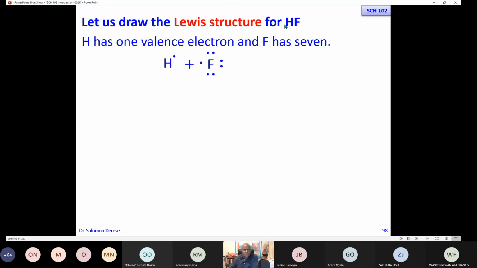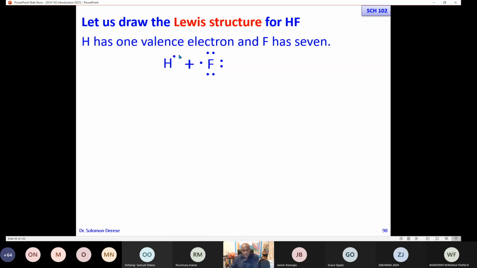When you are drawing the Lewis structure for hydrogen fluoride, since this molecule exists, it exists because there is chemical bonding between hydrogen and fluorine. This chemical bonding is formed as a result of sharing of 1 electron from the hydrogen and 1 electron from the fluorine.